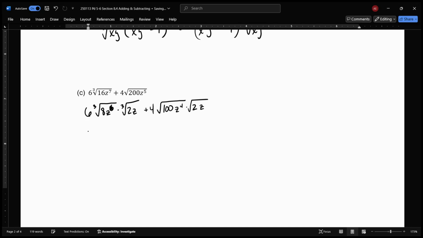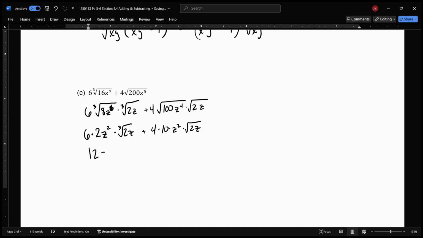So this will become z times 2 z to the 2nd times the cube root of 2z. This will be 4 times 10 times z to the 2nd times the square root of 2z. And I think that's it.